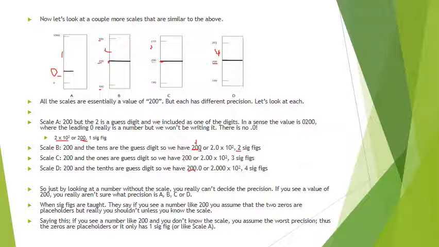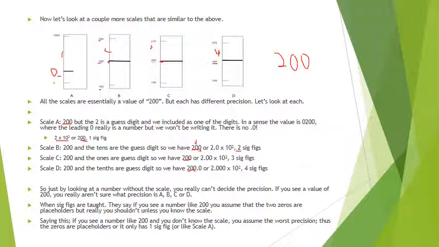Okay. So just by looking at a number without a scale, so let's say I wrote down 200. Okay, which one of these scales could it be? All right. It could be A, B, or C, the way I wrote it down here, because all of these have a value of 200. This has 200, this has 200, and this has 200.